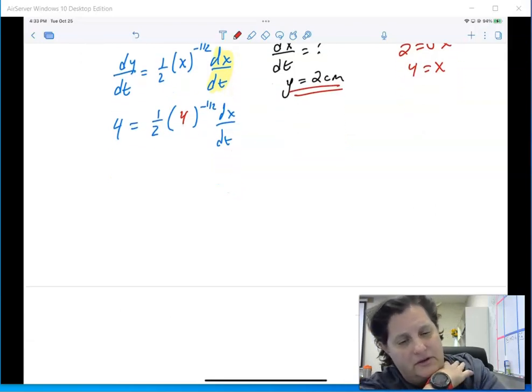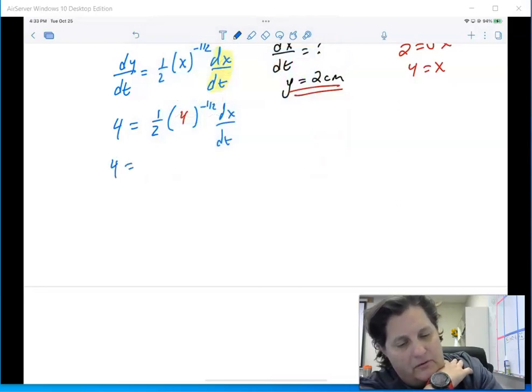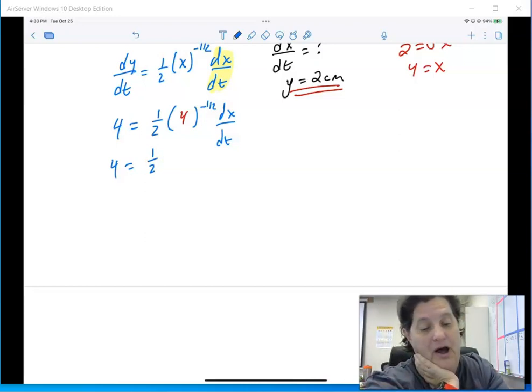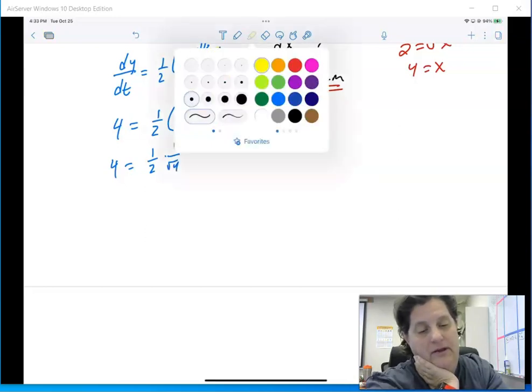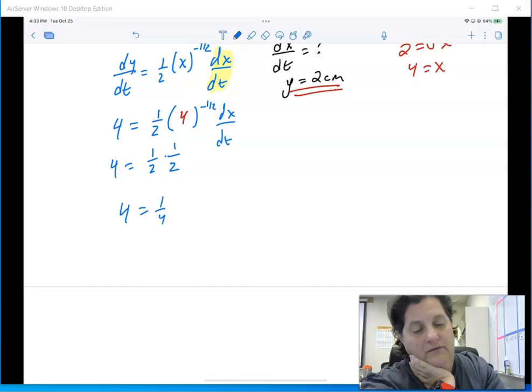And now I have to solve this. Okay. 4 equals 1/2. Okay. You guys, negative puts it on the bottom. And 1/2 is square root, so it's a square root of 4 on the bottom. And I'm just going to say that the square root of 4 is 2. So 4 is 1/4 times dx dt.